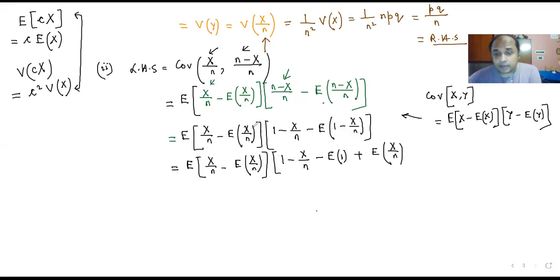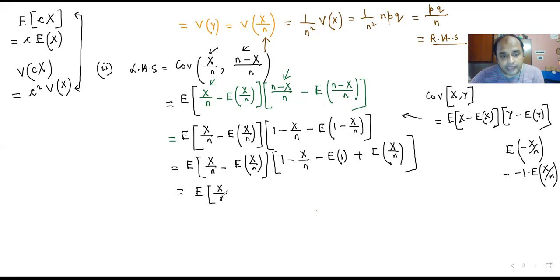Why plus? Because if you write expectation of minus x by n, the constant term is -1, it can come outside the expectation and it becomes -1 into expectation of x by n. Therefore a plus has come out of it. And we know that expectation of 1 is 1. I have already explained why expectation of 1 is 1.